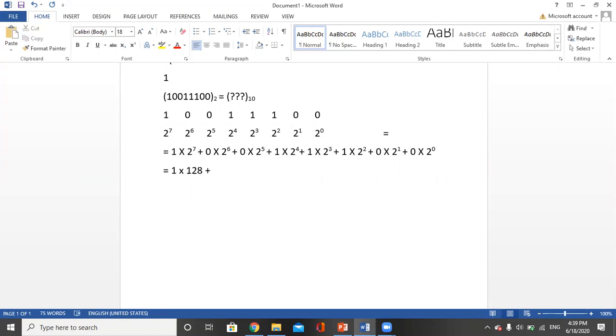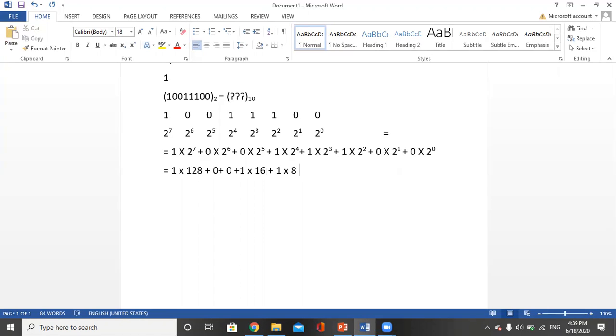So the next goes 0, because 0 into 2 to the 6 is 0. Anything multiplied by 0 is 0. Again 0, because 0 into 2 to the power 5 is 0. I took a small shortcut here; you can do it like this, because calculating it can waste time. 2 to the power 4 is 16, and 2 to the power 3 is 8.